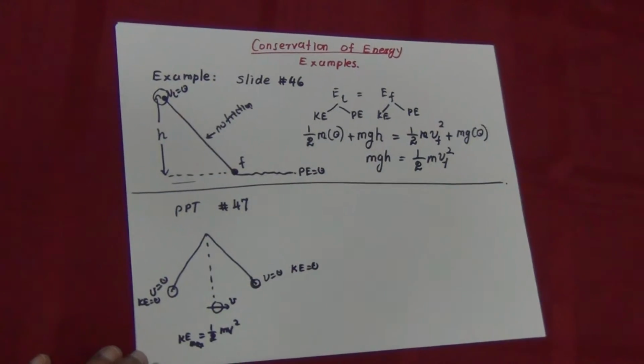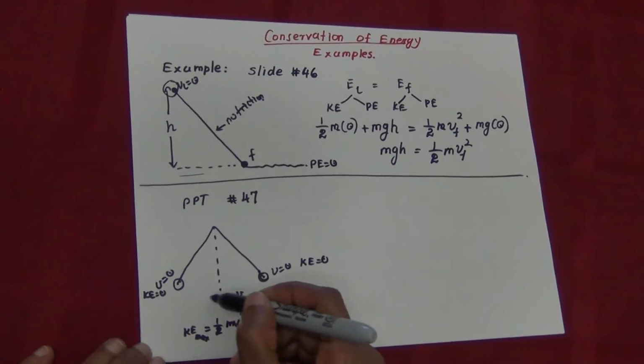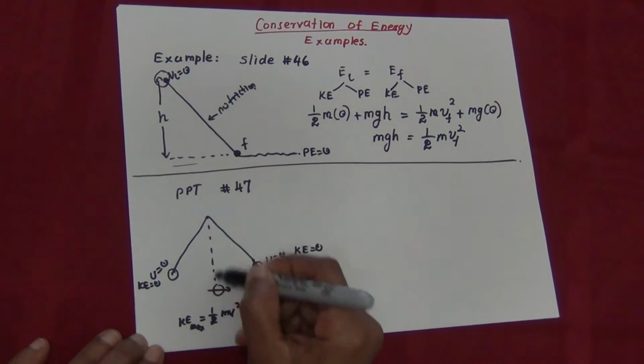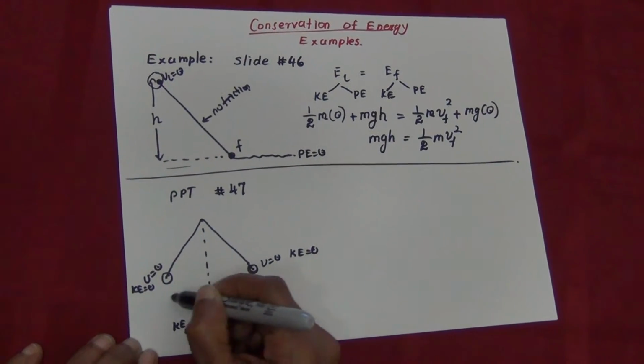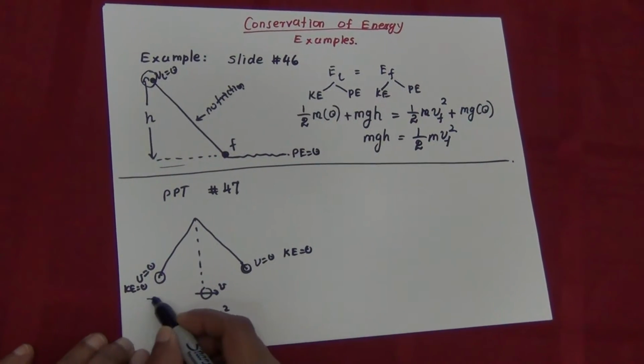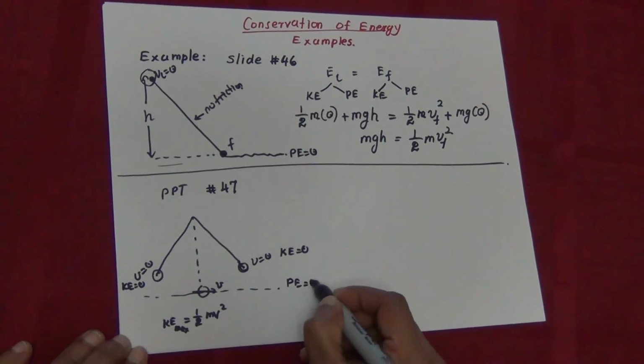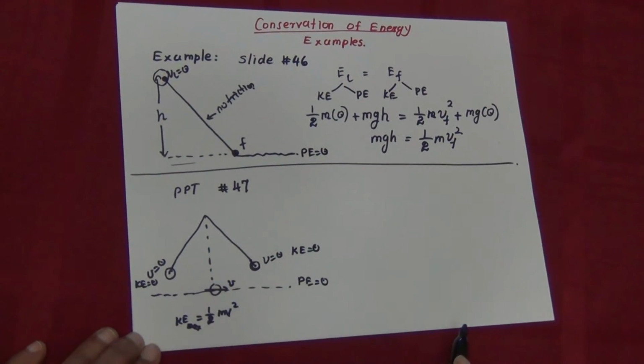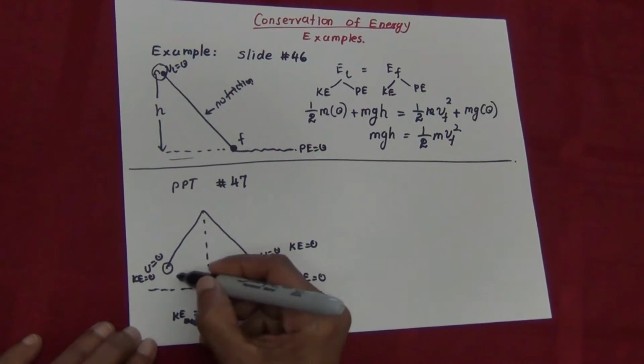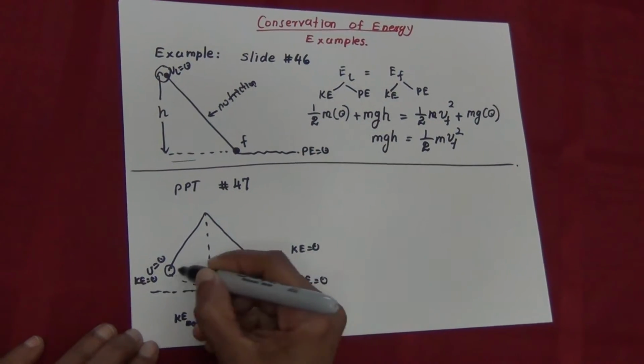Now let's come to the potential energy. So let's take the lowest position as the ground or the 0 potential energy level, so this level. So it's going to oscillate like this.